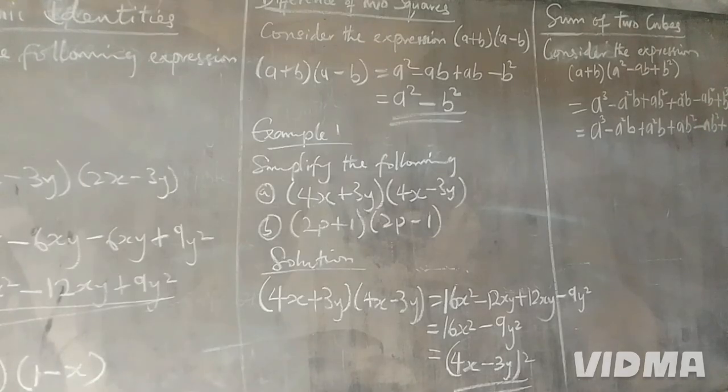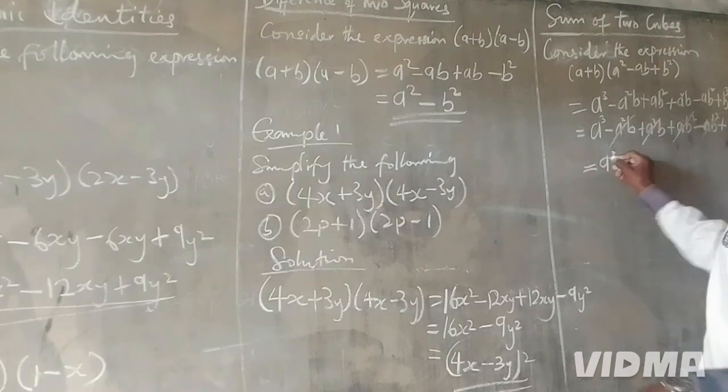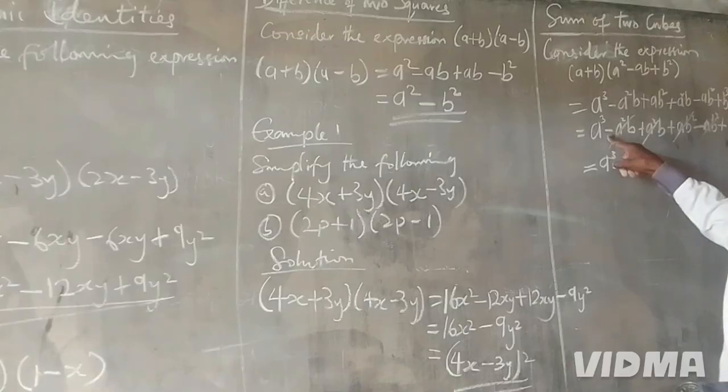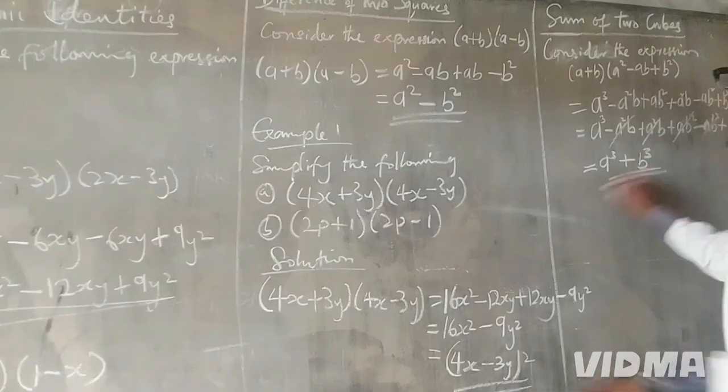Are we together? So here is gone. What about here? Gone. Do you understand? I hope you know how we did that. Oh, there's a minus here. It is plus. This minus has gone. So you'll be having it like this.